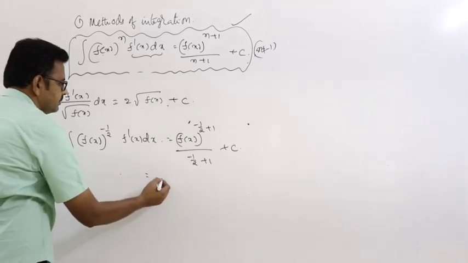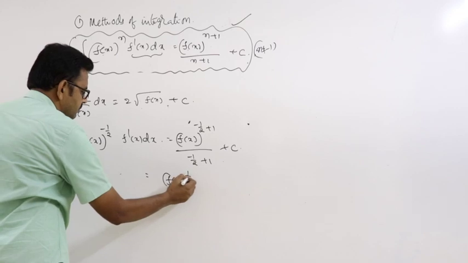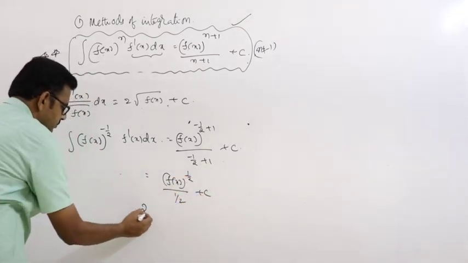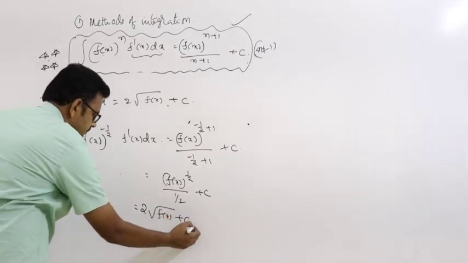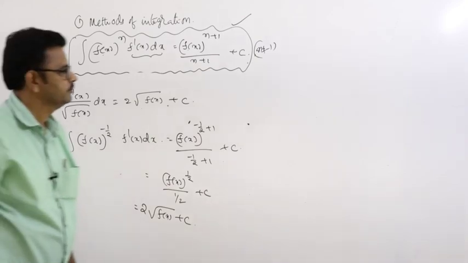That is f of x whole power 1 by 2 by 1 by 2 plus c, that is 2 into root f of x plus c. So, integral of f dash x by root f of x is equal to 2 root f of x plus c.